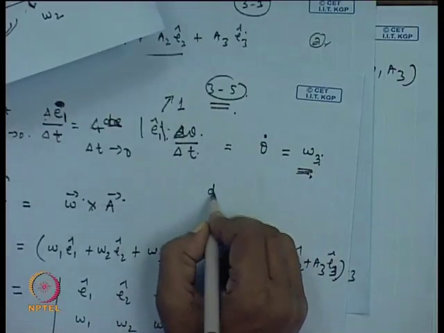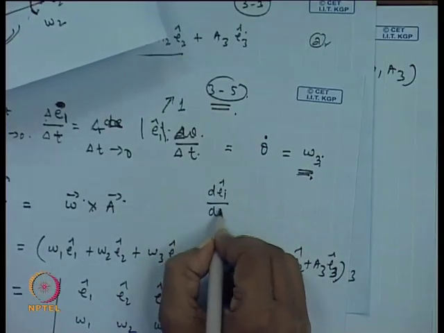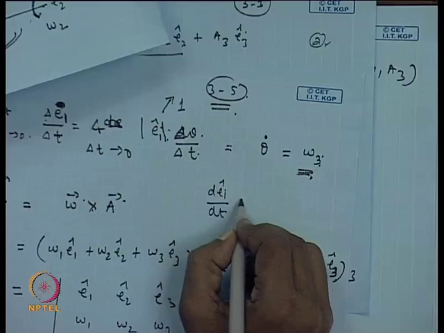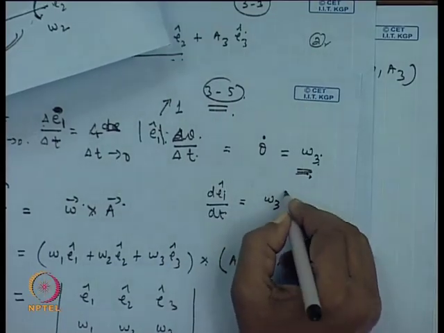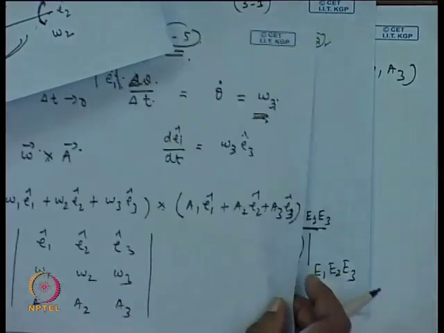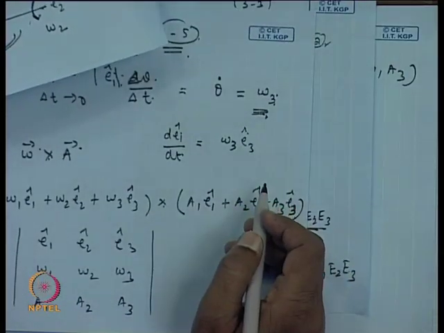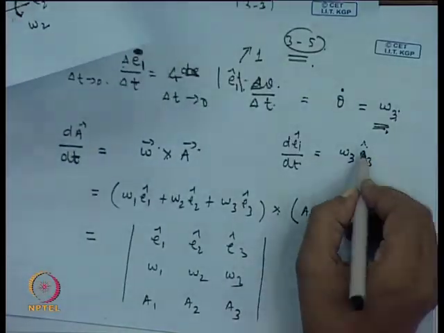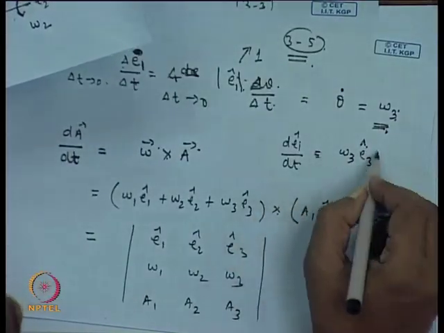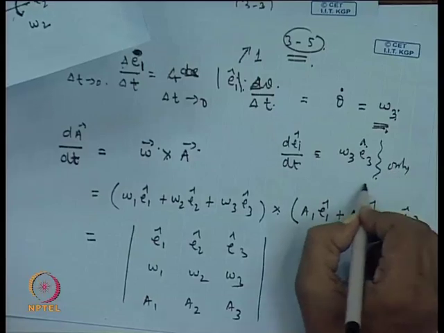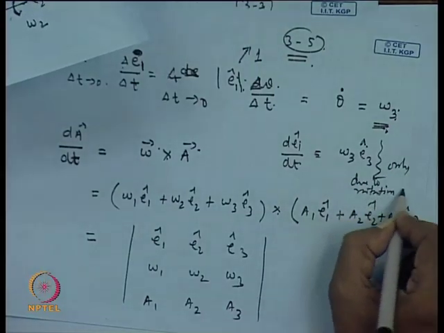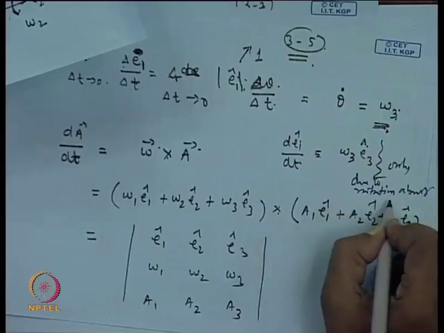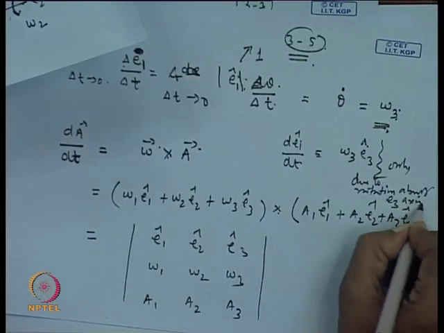So, this vector d E 1 cap by d t you can write as omega 3 times E 3 cap. But here be cautious, this is only due to rotation about the E 3 axis.